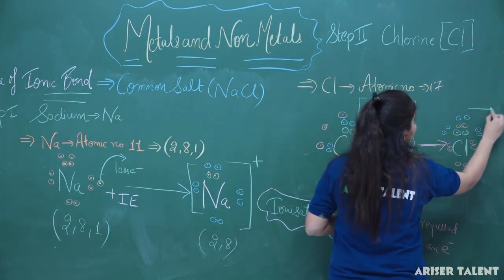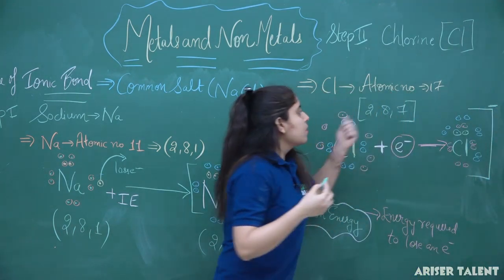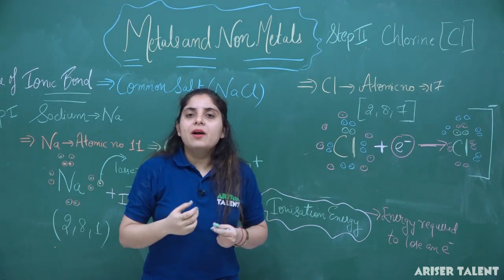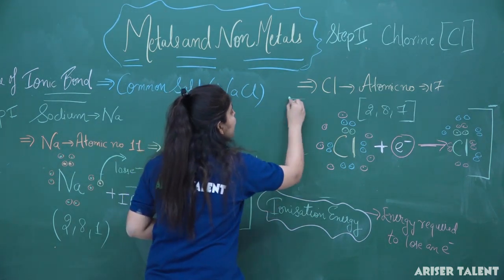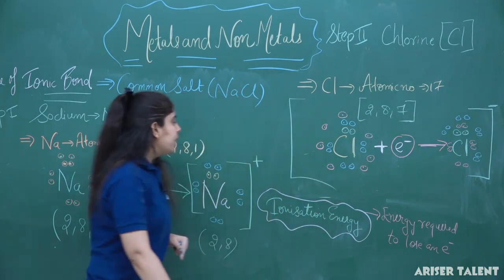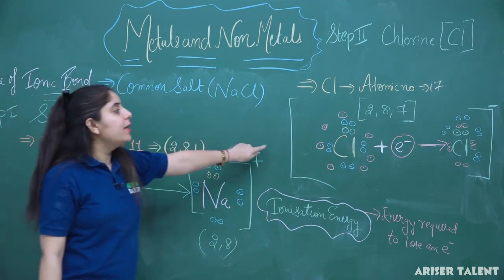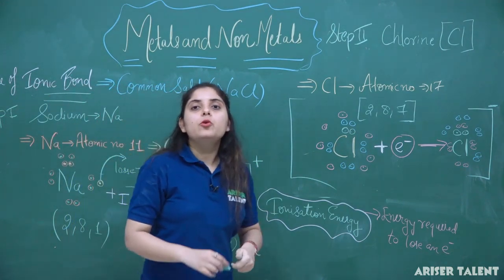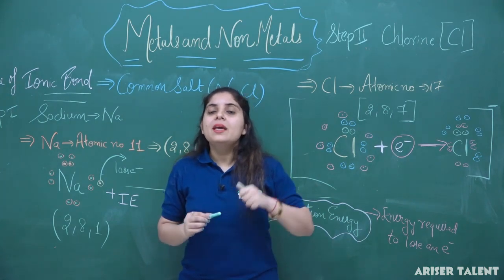And chlorine will acquire a negative charge because it is an electronegative element acquiring electrons. So you can see here, this is the basic electronic concept about chlorine, and sodium will donate its one electron to chlorine, and chlorine will acquire that electron to complete its octet, and the compound formed here will be NaCl.